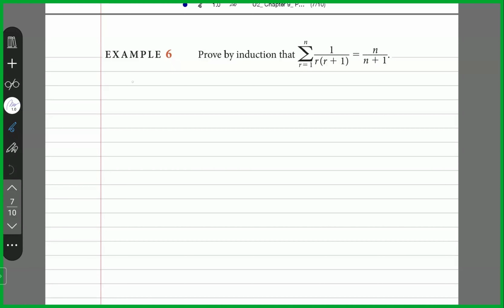So this is how it would start. So Pn is this initial statement that we're asked to prove, and that this is equal to n over n plus 1.